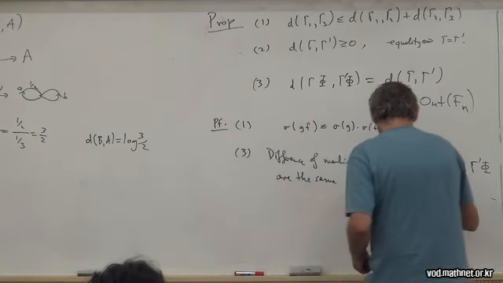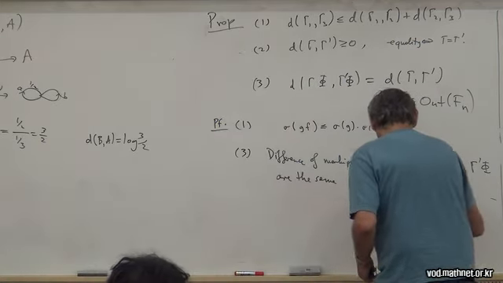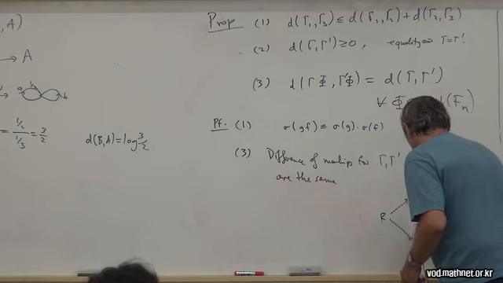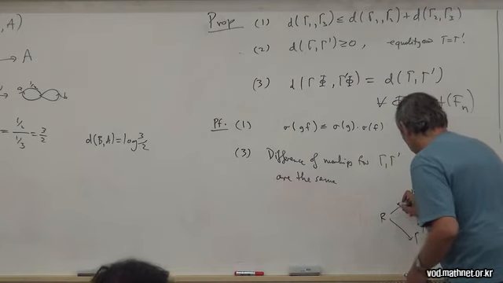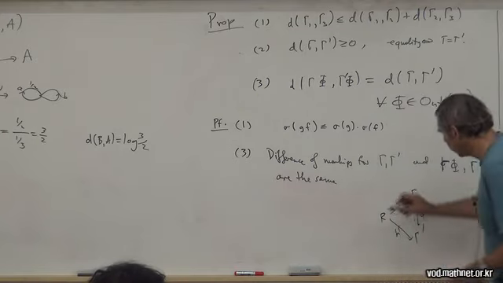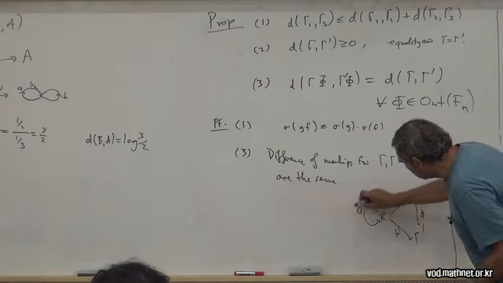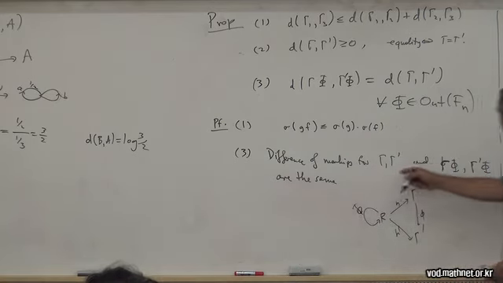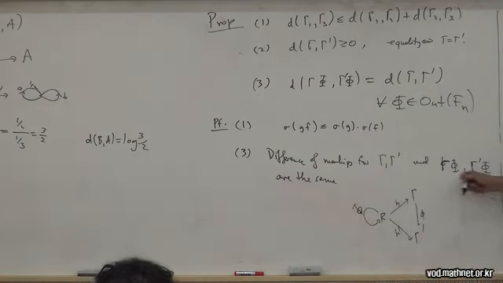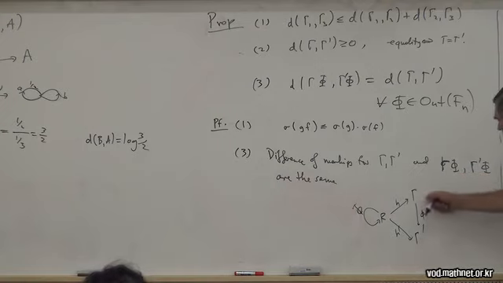Right? We have this kind of a picture here. There's the difference of markings for gamma and gamma prime, but then you compose with this phi to go to these two graphs. Well, you can compose, but it's still the same phi. That's the difference of markings. Right? Does that make sense?